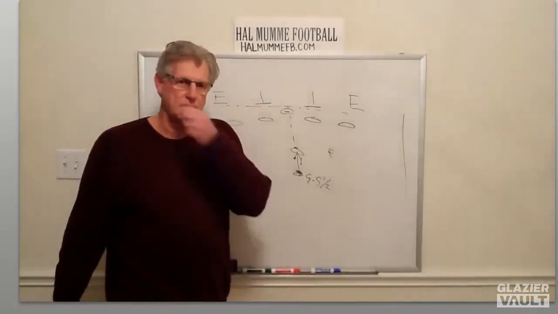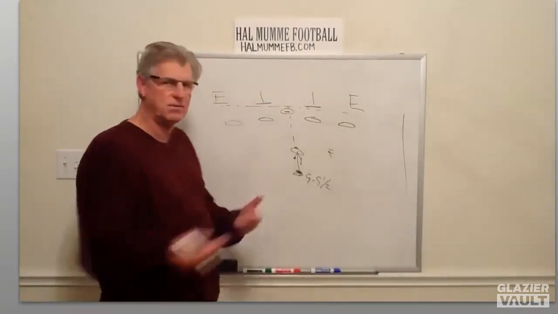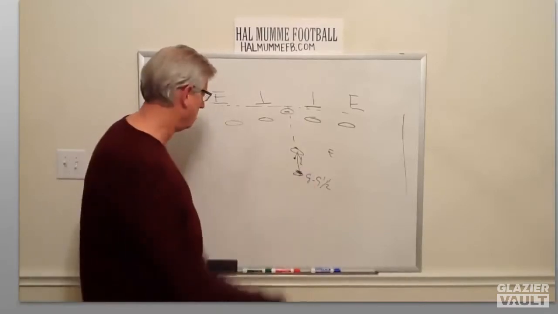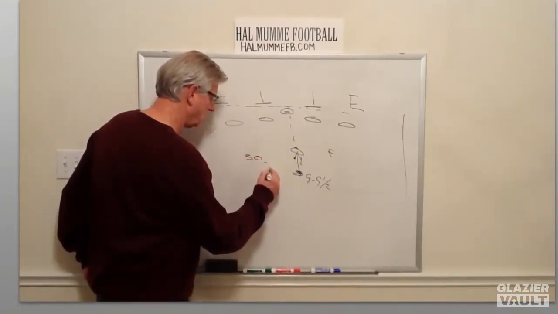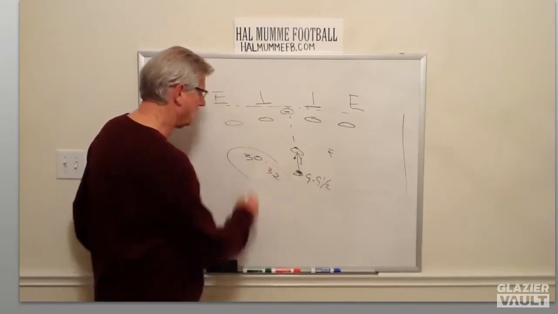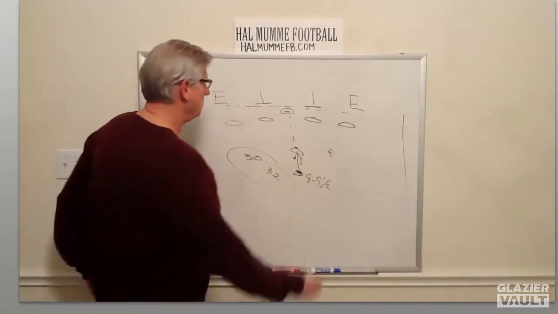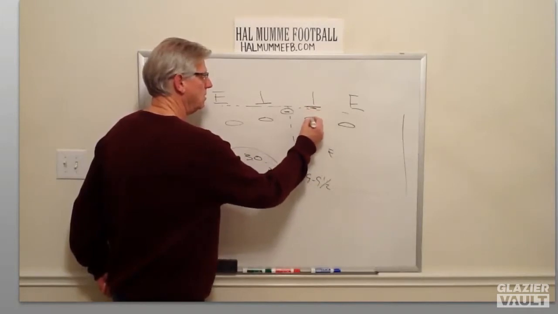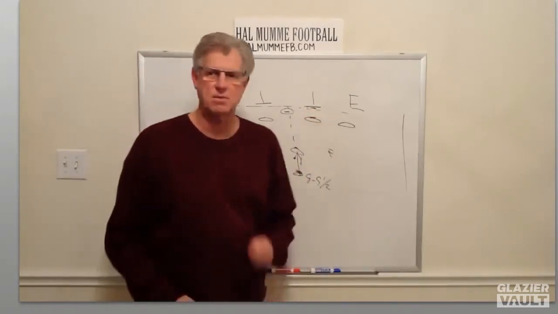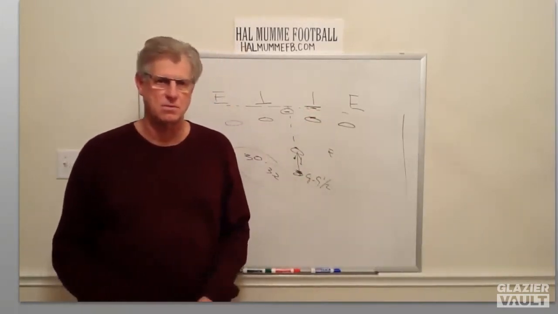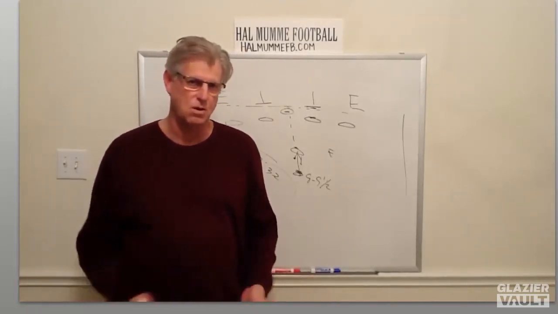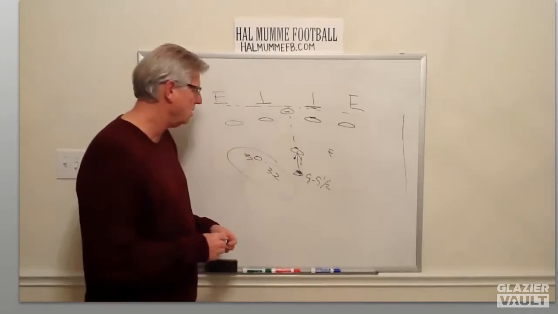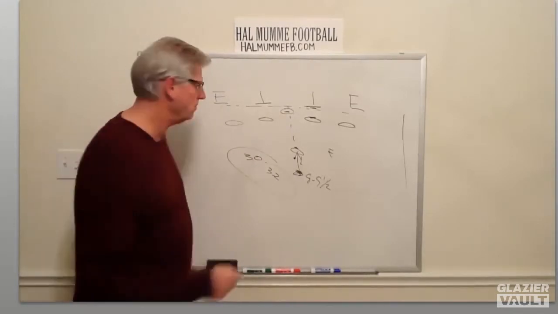That space represents time. On every one of our pass plays down the field, for instance, wide sail, the one I just drew up, we need about 3 to 3.2 seconds to get the ball off. Well, we've created probably a second, maybe a second and a half just by our alignment right here. So now half the battle is basically won. We've got to create another second and a half some other way.